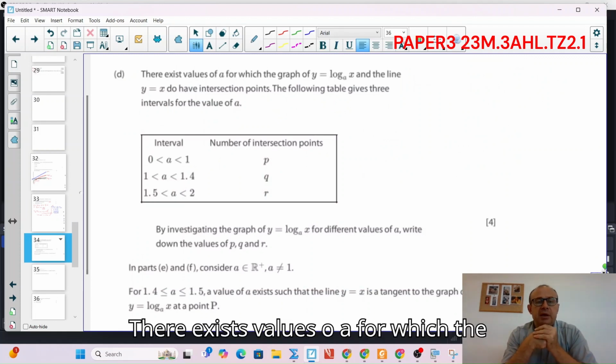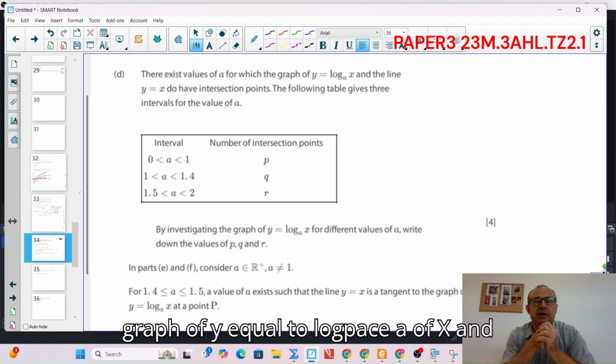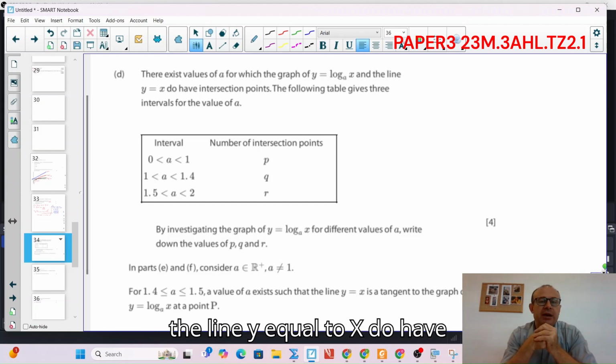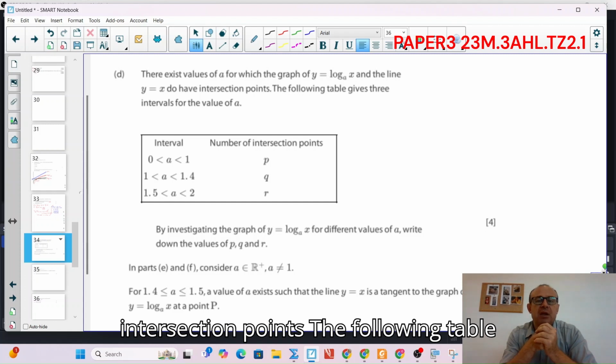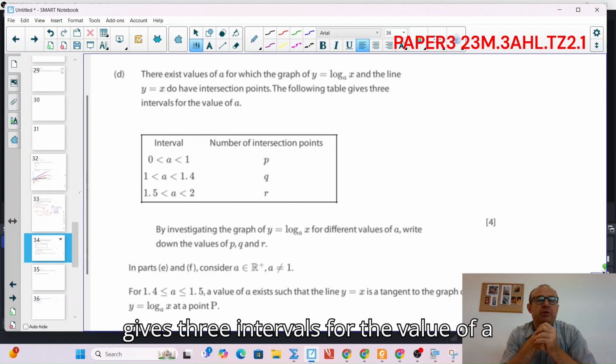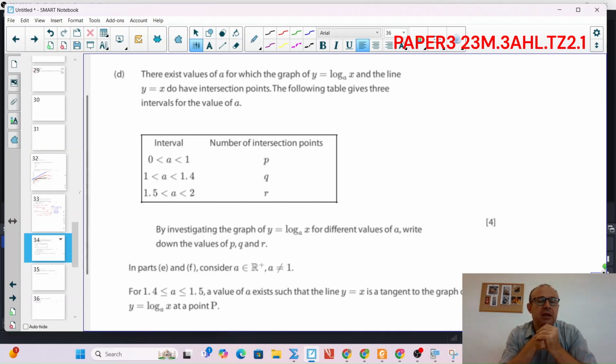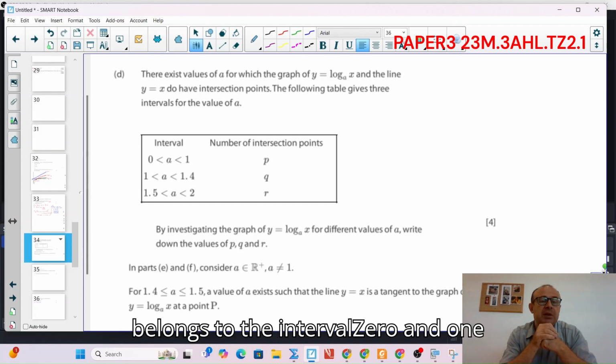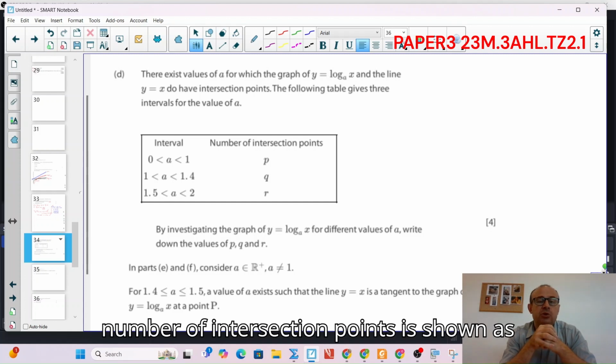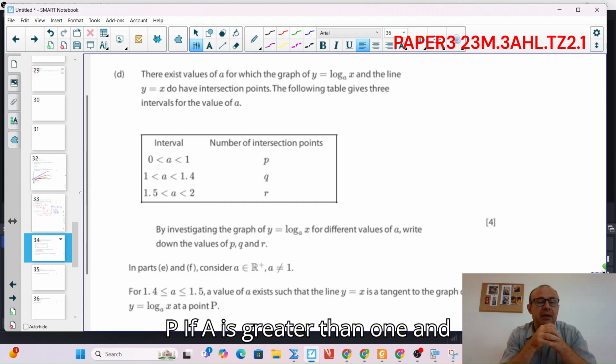Part D. There exist values of a for which the graph of y is equal to log base a of x and the line y is equal to x have intersection points. The following table gives three intervals for the value of a. If a belongs to the interval 0 to 1, the number of intersection points is shown as p.